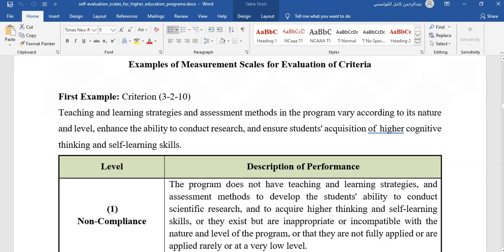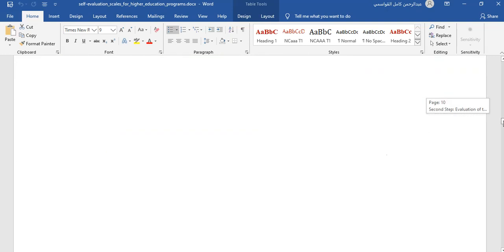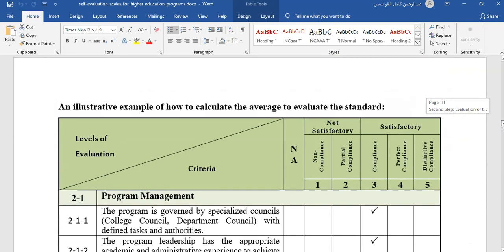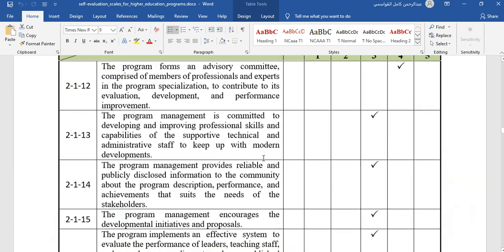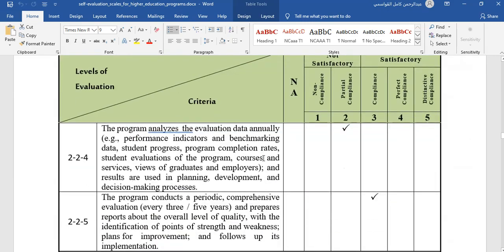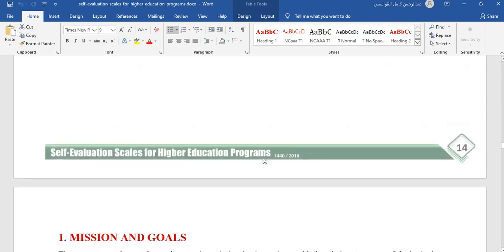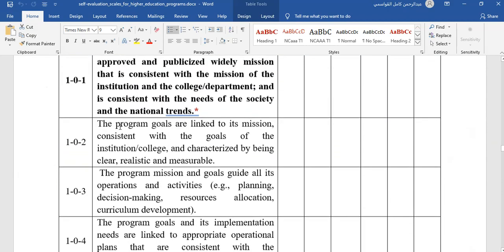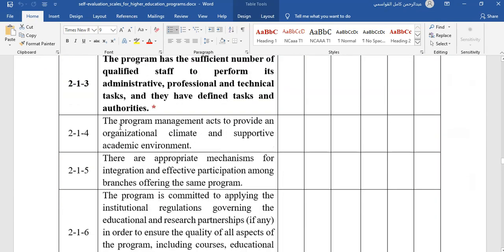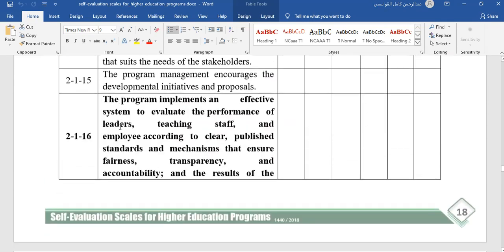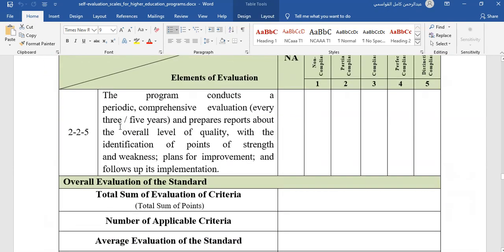If you want to know, you can go down here. This is 2, 3 to 10. So you have to go to standard number 3. This is 1, we are going to standard number 3. This is number 2.